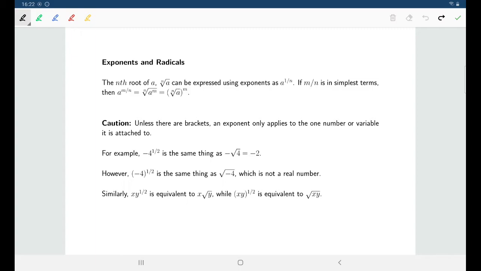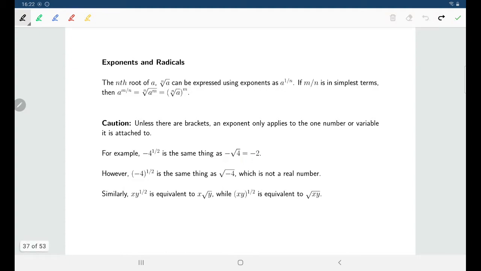So, for example, to compare and contrast negative 4 to the half versus negative 4 in brackets to the half: for the first one, there is no bracket. So here, the power is only attached to the 4, not attached to the negative, which means that that's really the root of 4 that's being made negative. And the root of 4 is 2. 2, when you make it negative, gives you negative 2.